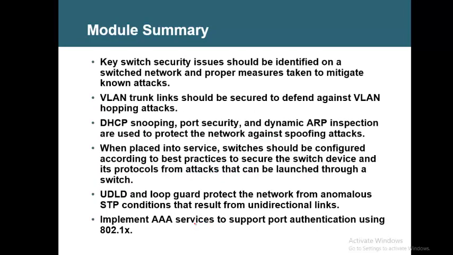We started with MAC flooding attack, VLAN hopping attack, DHCP snooping, ARP inspection, source guard, loop guard, BPDU guard, root guard, UDLD, 802.1X, AAA, Radius attacks, CDP trimming, etc. This is just a sample. There are a lot of attacks.